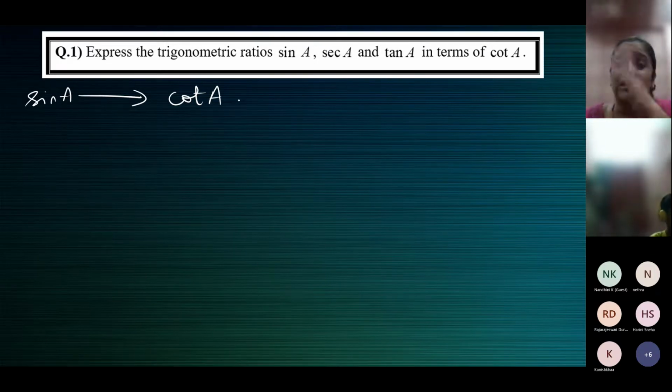Even if you cannot connect sin and cot, what's a reciprocal of sin? Reciprocal of sin is cosecant. You can connect cosecant and cot. So when you write cosecant in terms of cot, easily you can write sin in terms of cot.